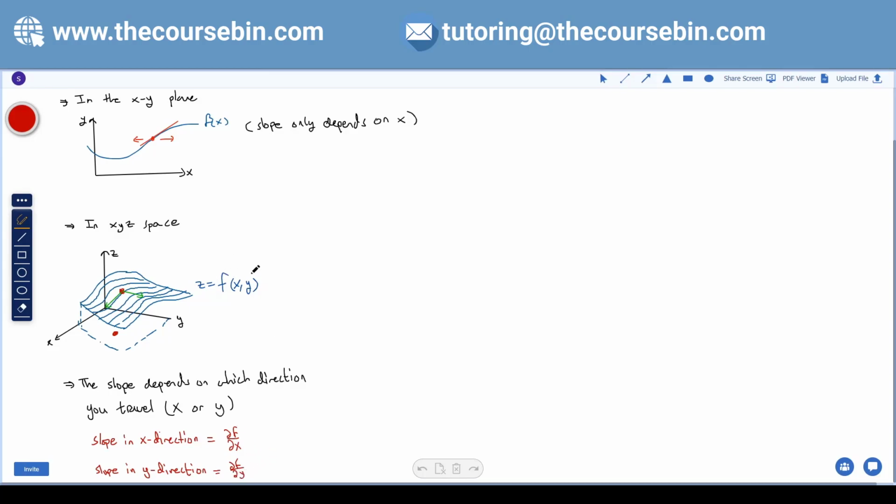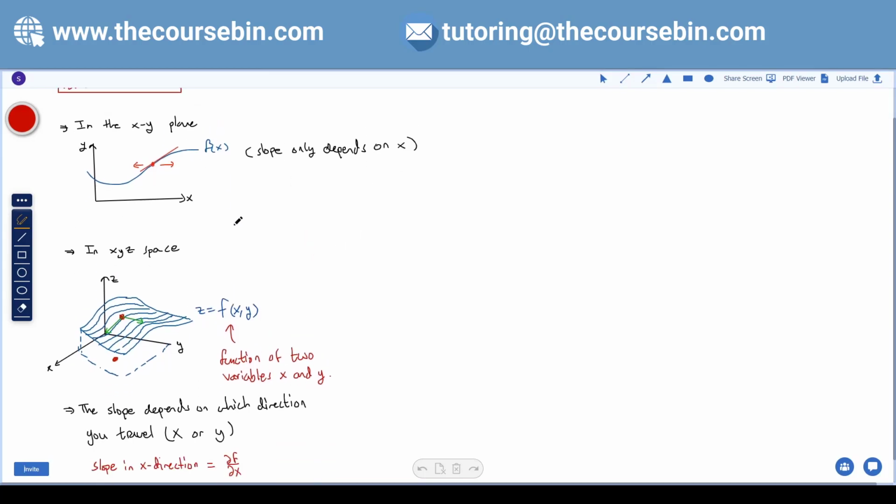F of x, y is the function itself. So this is a function of two variables, x and y.